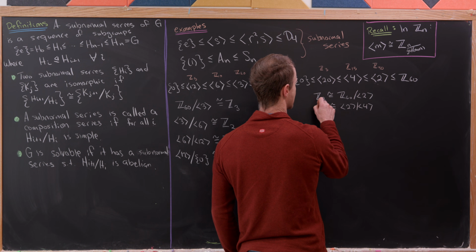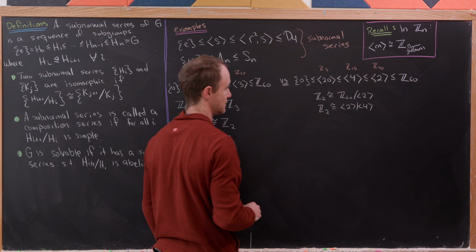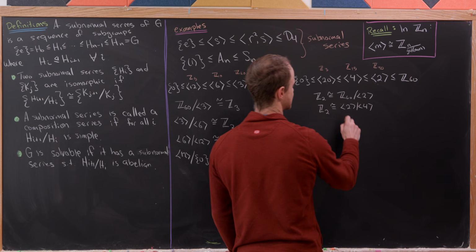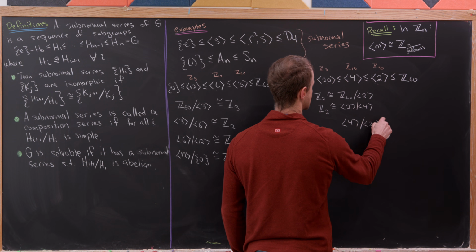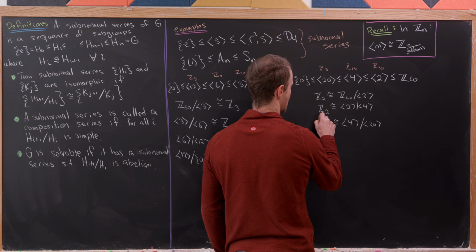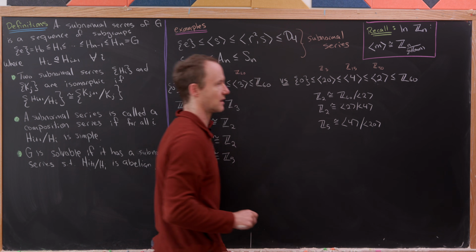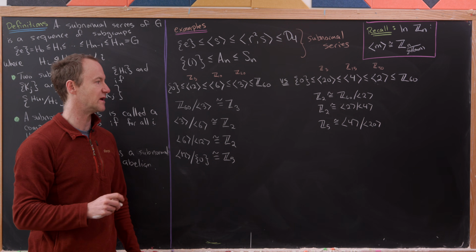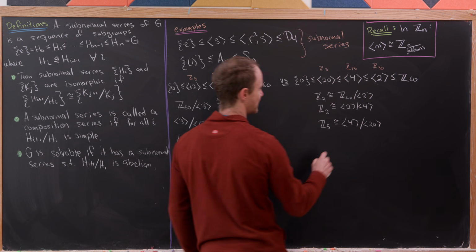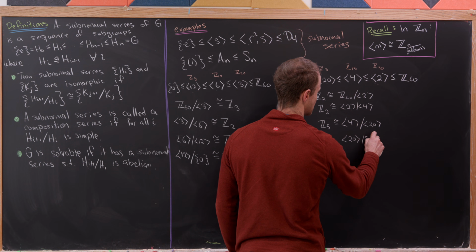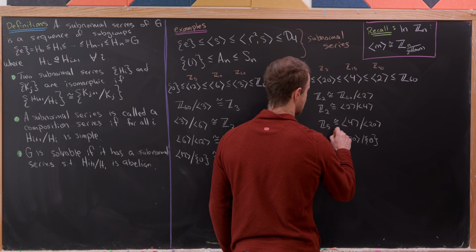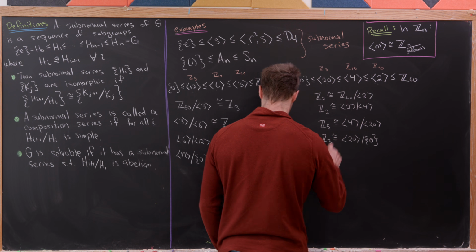So that's going to be another copy of Z2. And then let's see, the cyclic group generated by 4, mod out the cyclic group generated by 20. So that's going to be a copy of Z5 using our argument that we've been using. And then finally, the cyclic group generated by 20, mod out with the trivial group. So that's going to be Z3.